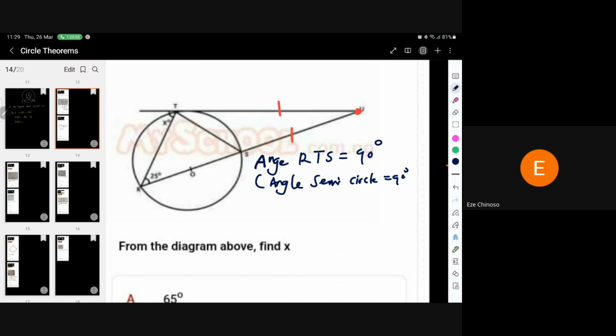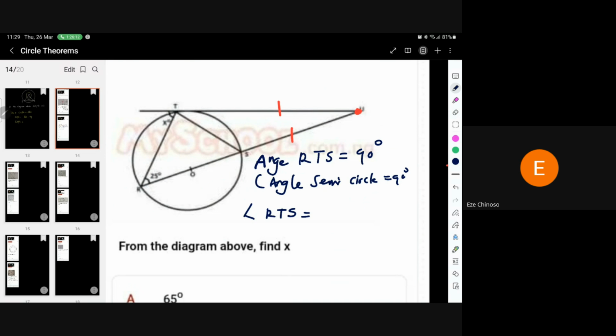Equal 90 degrees. Then the next thing I want to say is that angle RTS is equal to angle T, arrow, what will I call this now?